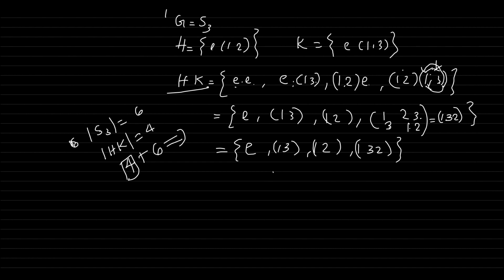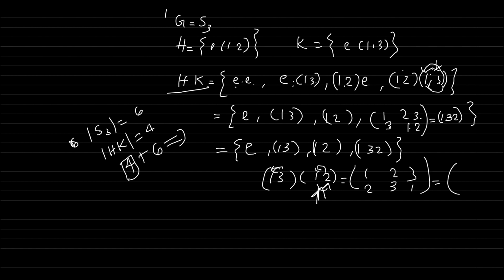Consider (1 3) product (1 2). This is equal to (1 2 3). Here 1 maps to 2, and in the first cycle 2 maps to 2. Here 2 maps to 1, and in the first cycle 1 maps to 3. Here in this cycle 3 maps to 3, and in the first cycle 3 maps to 1. So (1 2 3), and (1 2 3) is not equal to (1 3 2).